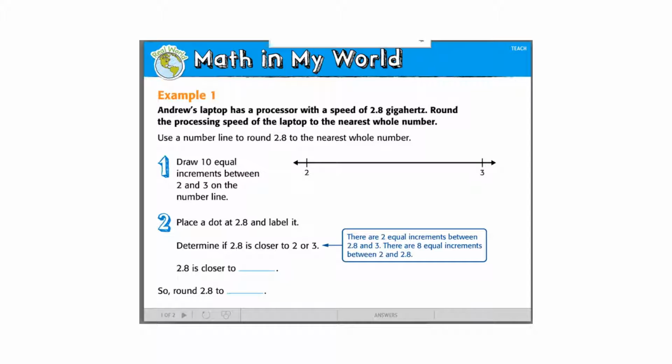The number line is between 2 and 3. So 2 and 1/10 would be here, 2 and 2/10, 2 and 3/10, 2 and 4/10, 5/10, 6, 7, 8, 9. And then when you get to 2 and 10/10, it's really 3, which is the next number. So if I wanted to look at 2 and 8/10, it would be way over here.